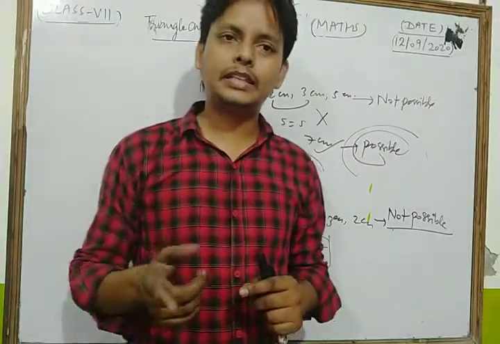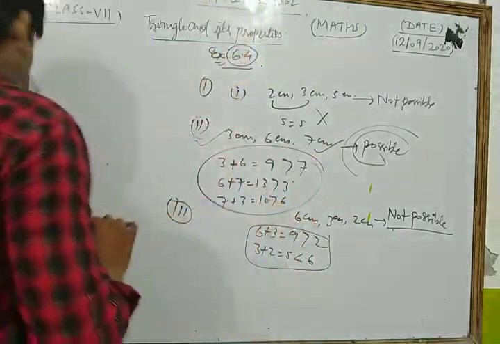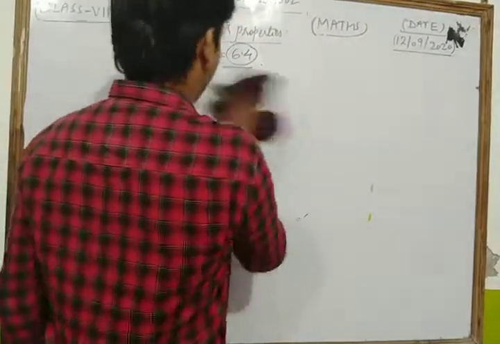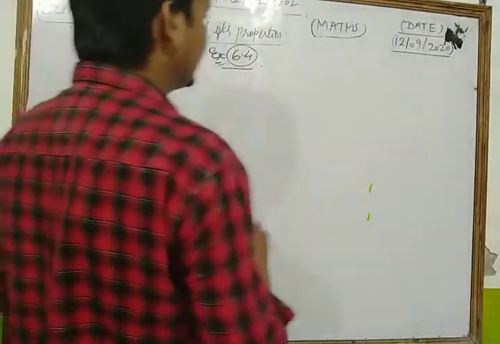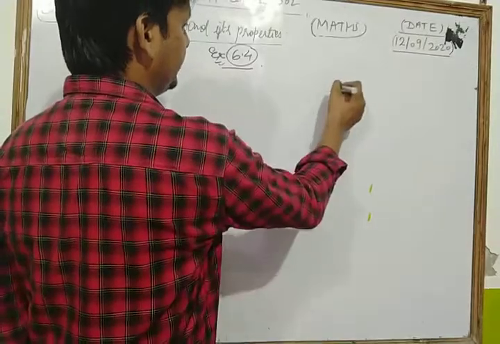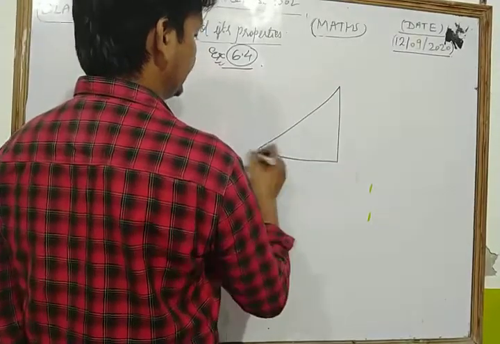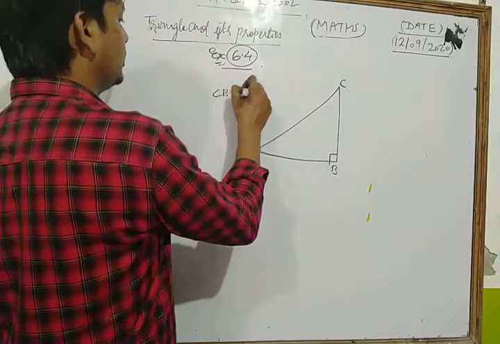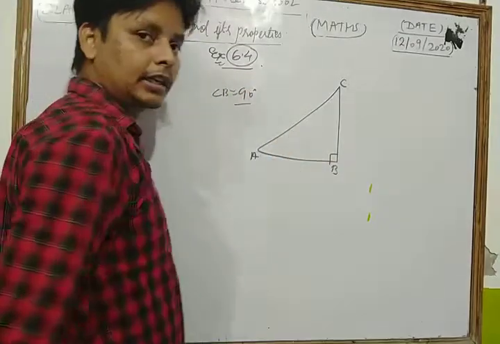And your last topic is the right angle triangle. Okay, let's see some important concepts of the right angle triangle. Dear student, in any right angle triangle, one angle is always equal to 90 degrees. So if ABC is a triangle in which angle B is equal to 90 degrees, then it is said to be a right angle triangle.